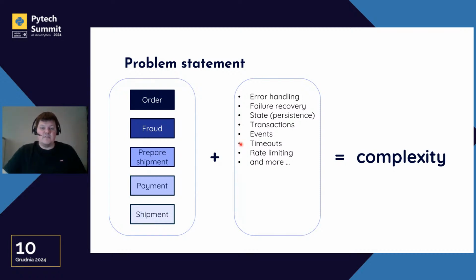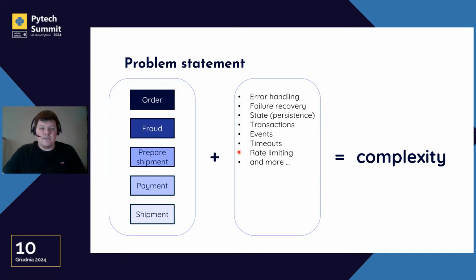Sometimes we cannot quickly process API requests, so we need to have timeouts. And after a timeout, when we cannot talk properly to the API, we need to cancel our shipment and make some compensation, for example return money to our client because we already charged our client.